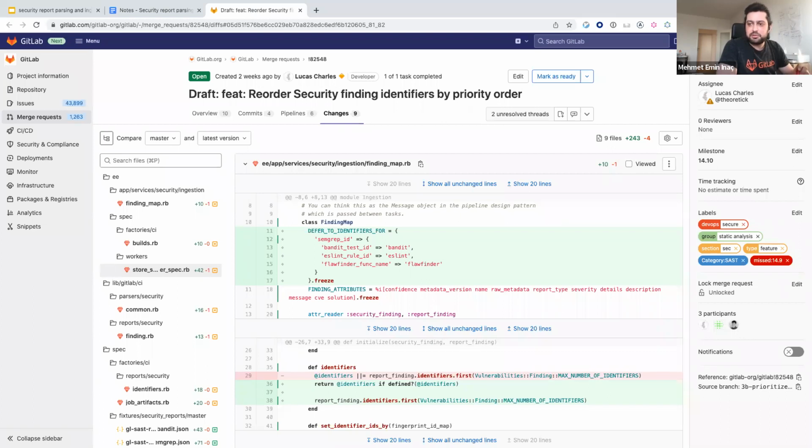Because right now it's possible that two pipelines finish almost at the same time for the master branch, and we have store report service running at the same time in parallel. So maybe this can cause problems, but maybe not. Just a thing that we need to consider.